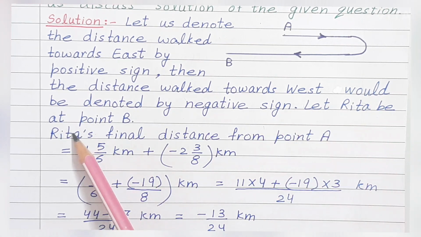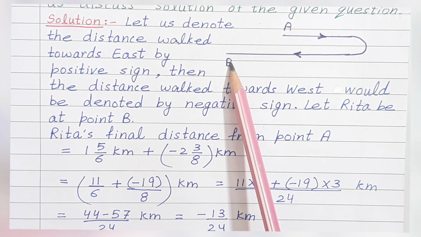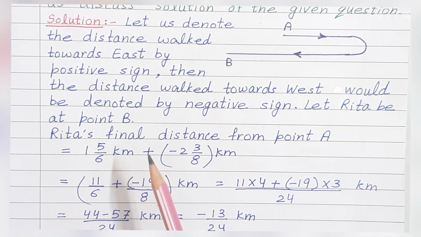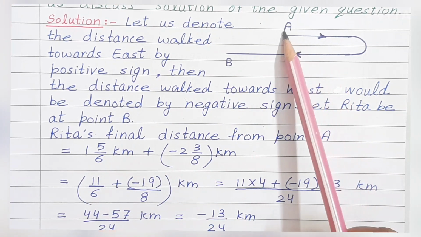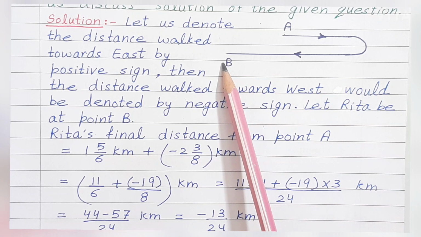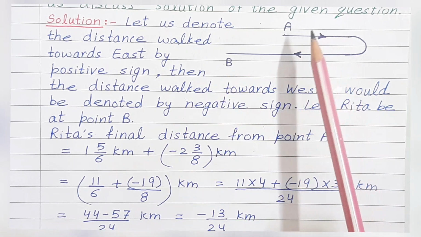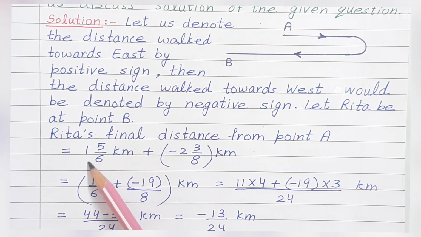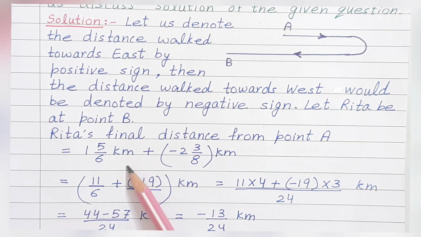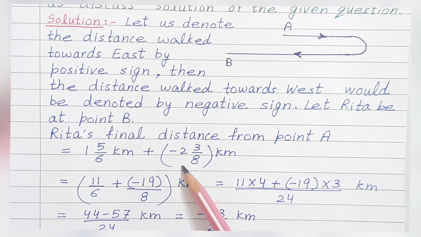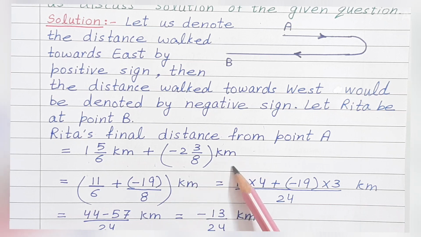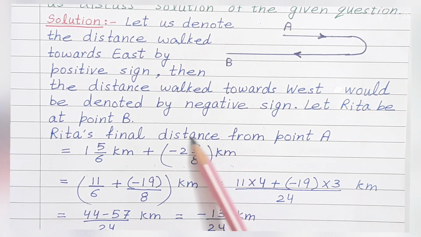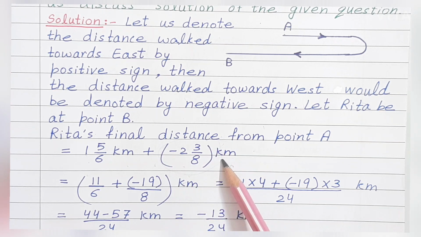Let Rita be at point B. Rita's final destination from A to B will be 1 5/6 kilometer plus -2 3/8 kilometer. Right? We have considered this as negative.